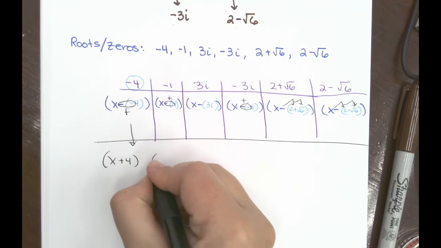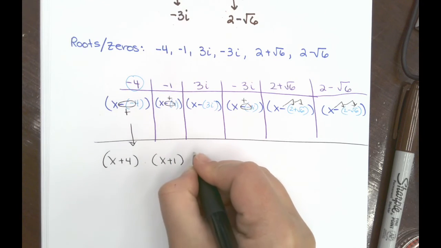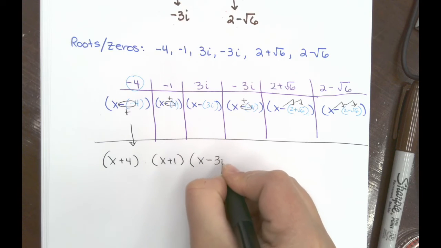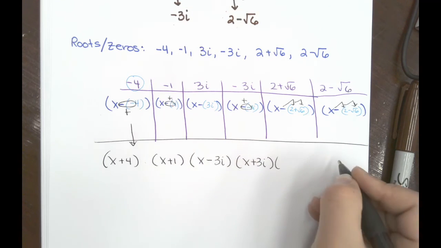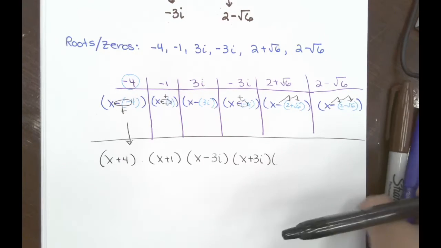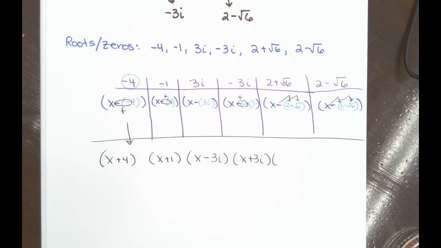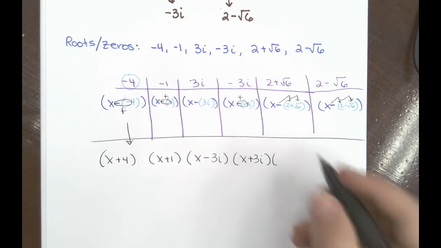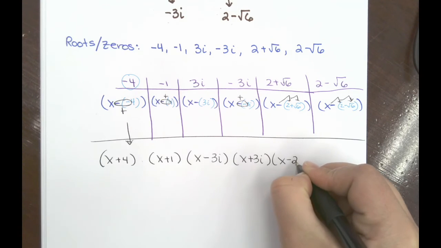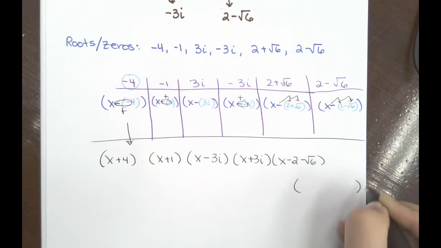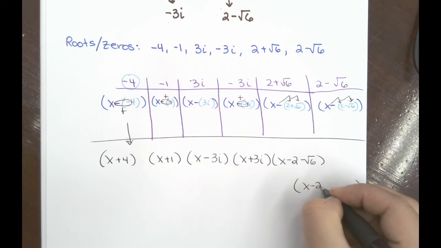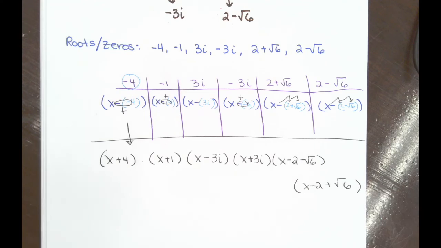We got an x plus 1. Now we have an x minus 3i. We have an x plus 3i. We have an x minus 2 minus root 6. I did run out of space, so I'm going to write it underneath. We have an x minus 2 plus root 6.